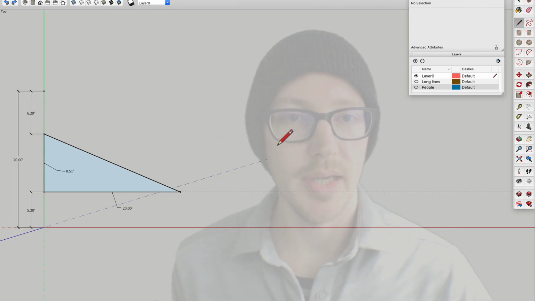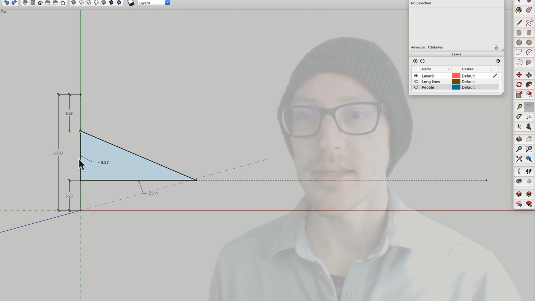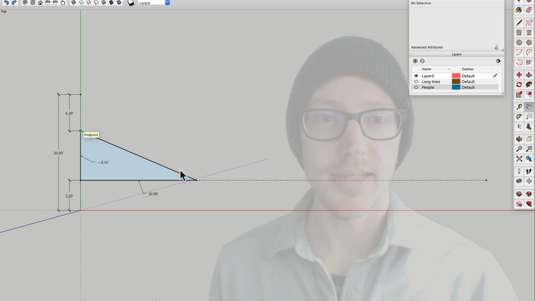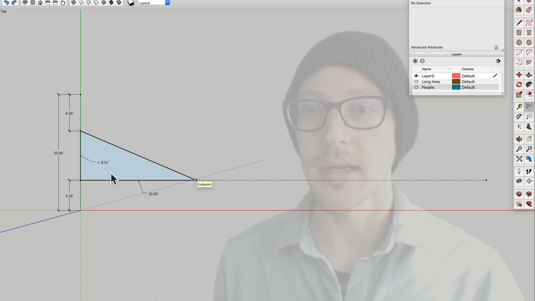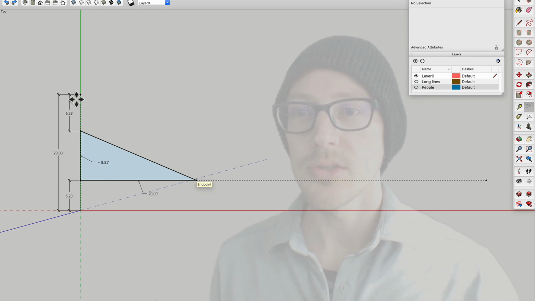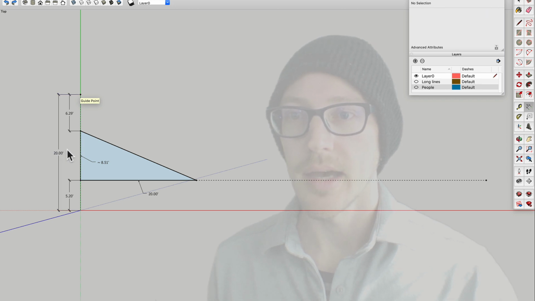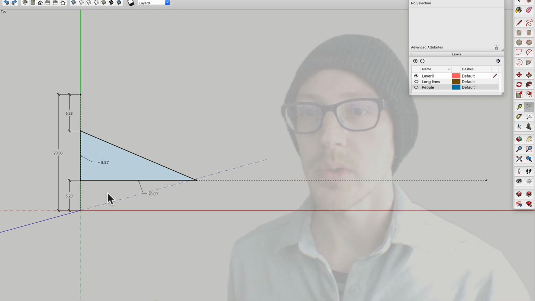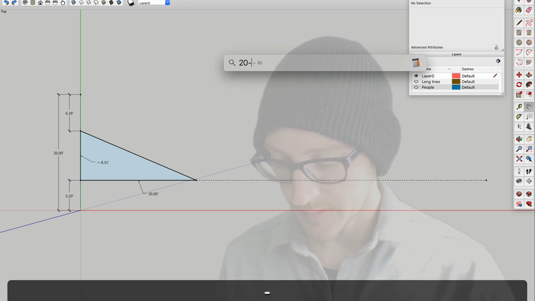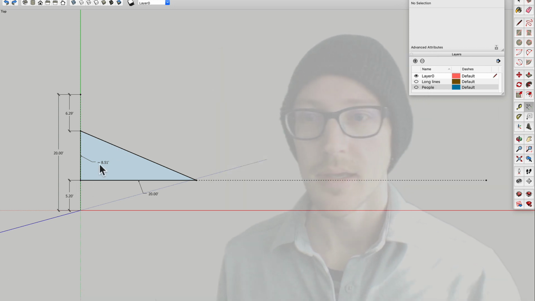And now we can go and measure that other triangle. To solve this second triangle, I need this side over here and this side all the way along here. And I already have all of those measurements. So all I really need to do is take 20 and subtract this guy right here, 5.2. So 20 minus 5.2 should be 14.8.